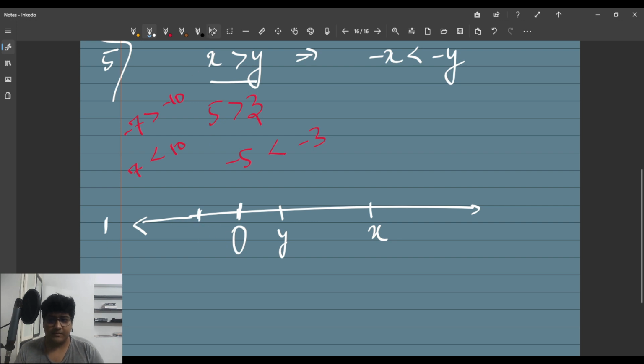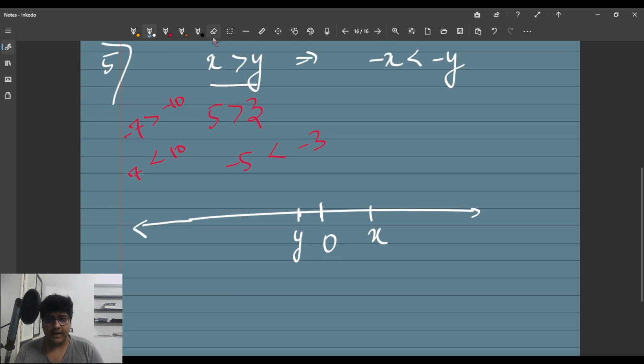What if 0 was in between? What happens then? Say that this is y. Now we have a problem. Can you see the problem?